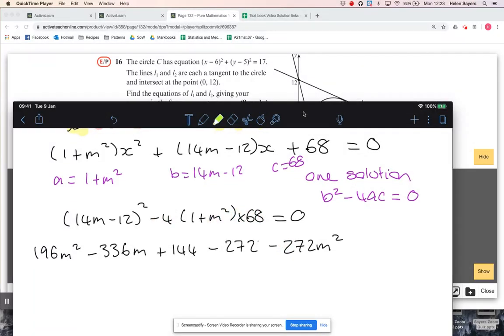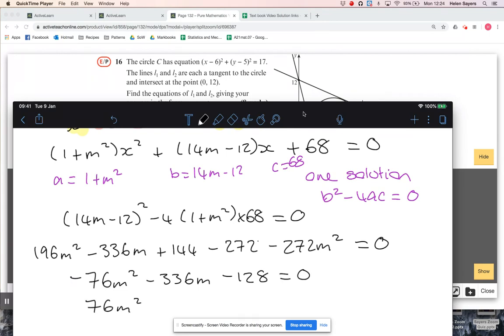Okay, and I know that should equal 0. So what have I got? I've got 196m squared minus 272m squared, so I've got minus 76m squared, and then minus 336m, and 144 minus 272, I've got minus 128. That is absolutely going to cancel, but I'm not going to bother.